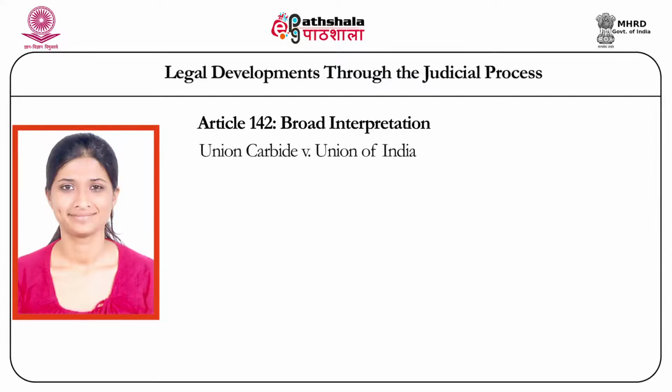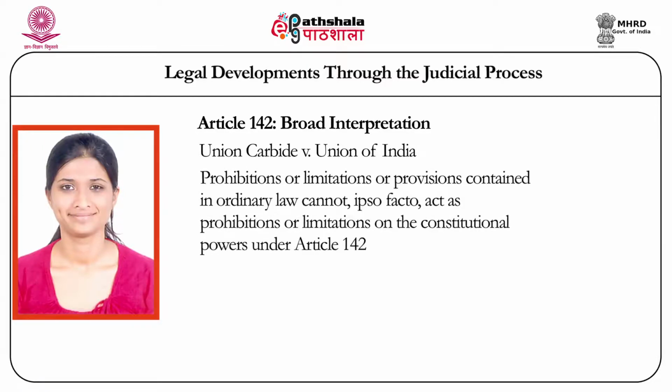In Union Carbide versus Union of India, the Supreme Court stated that prohibitions or limitations on or provisions contained in ordinary law could not ipso facto act as prohibitions or limitations on the constitutional powers under Article 142.